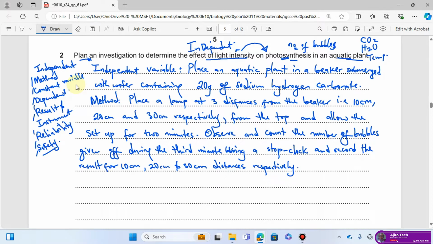Once you do that, you now talk about your constant variable. What variables are you keeping the same to make your investigation reliable?